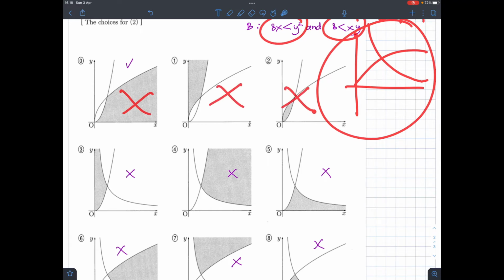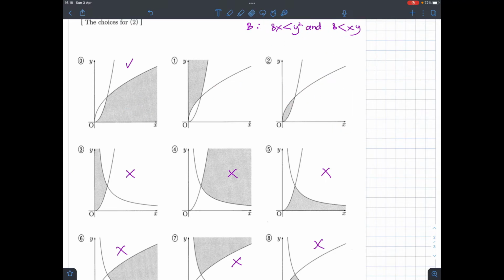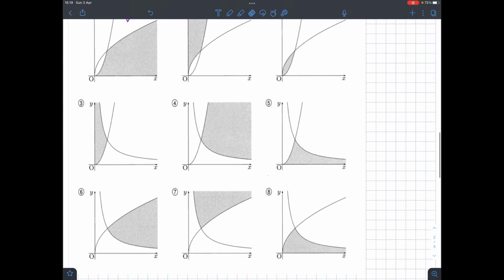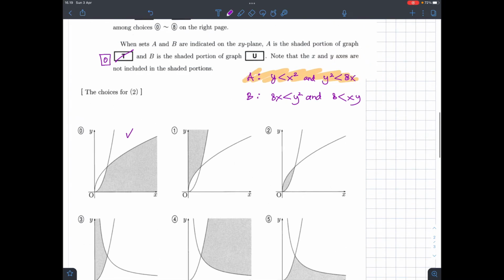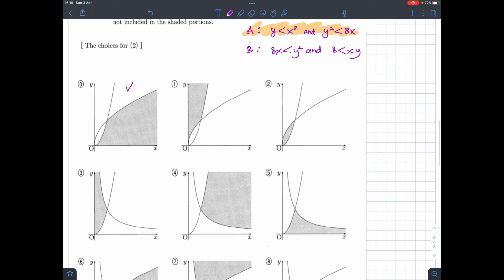Okay, no answer here. Let me remove the previous answer first. Let's see, B is y squared equal 8x and xy equal 8.